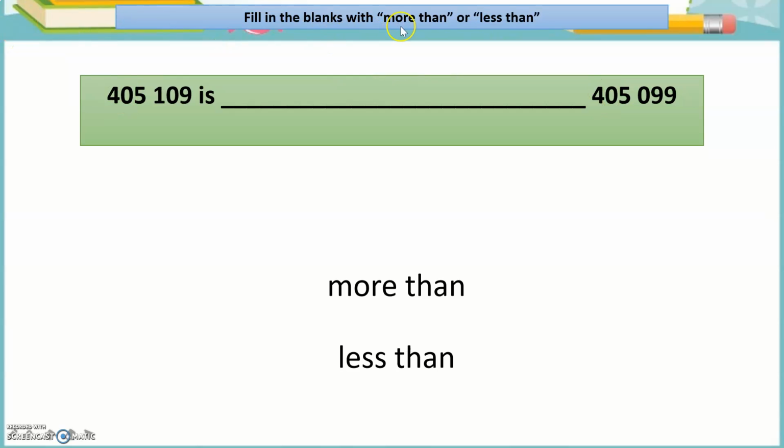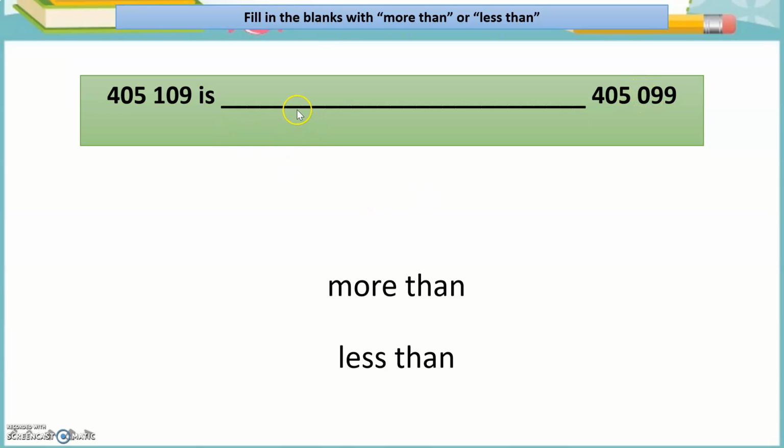Fill in the blanks with more than or less than. First, we should count the digits here. Here is 6 digits, here is 6 digits. So, as usual, compare from the larger place value. 4, 4, 0, 0, 5, 5, 1. Here is 0.